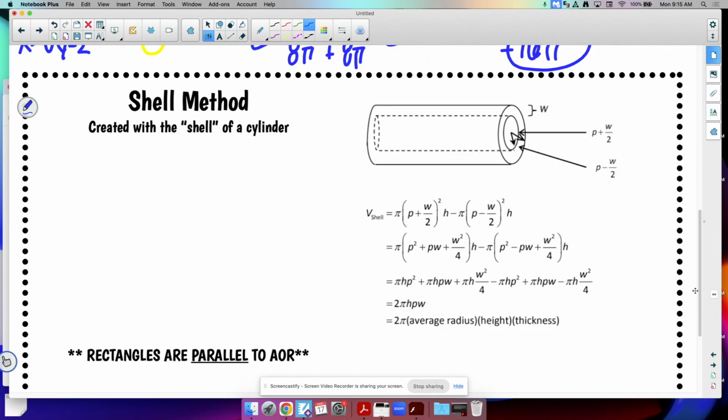What a shell method does is instead of a rotation, it takes a single layer and folds it around into a cylinder, and then it adds on the next layer, and they just keep adding a layer upon a layer of a cylinder until it gets to be a volume.